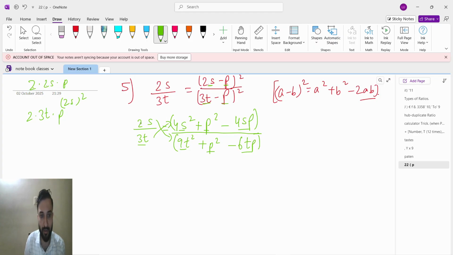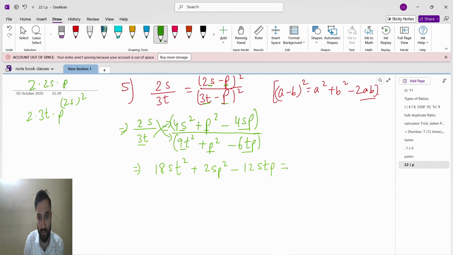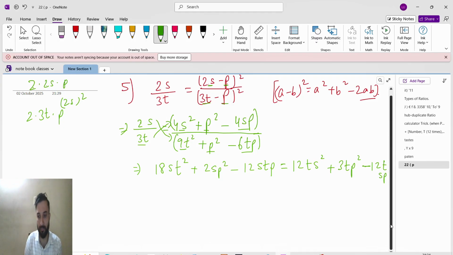So 2 times 9 is 18, and this becomes s t square, plus 2sp square, minus 2 times 6 is 12, stp, equals 3t into 4s square, so 4 times 3 is 12, t s square, plus 3tp square, minus 4 times 3 is 12, tsp.